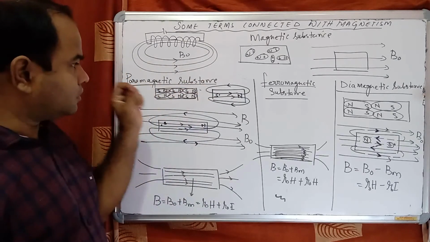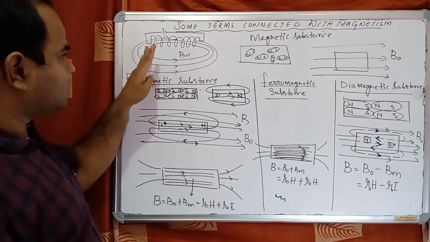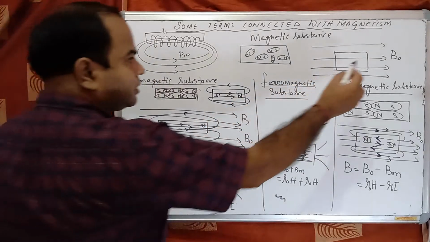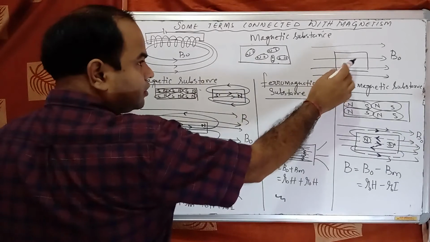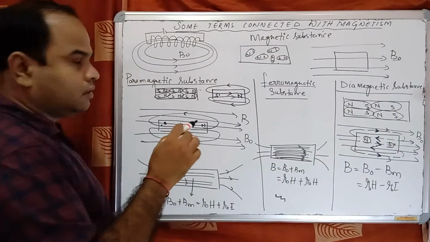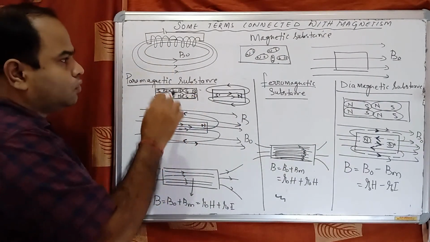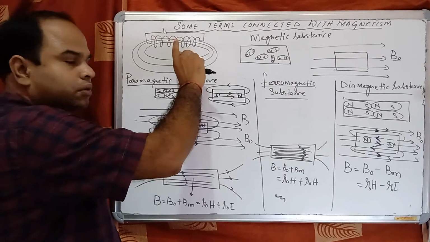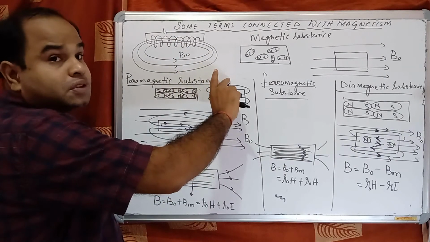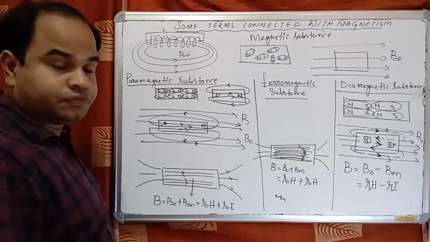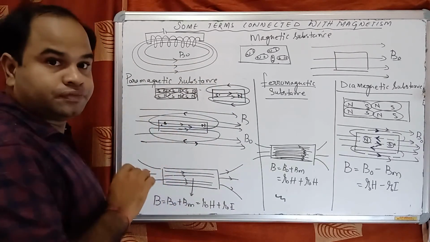So when we place this magnetic substance in the external magnetic field, there will be the external magnetic field plus the magnetic field produced by the substance, simultaneously.